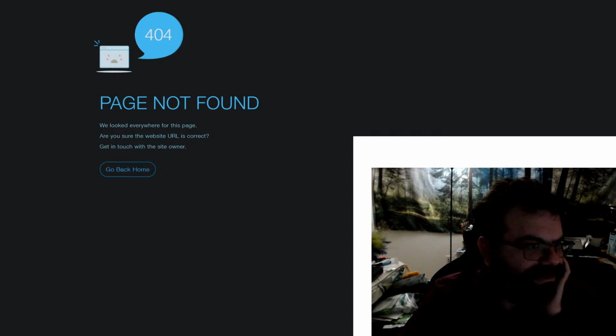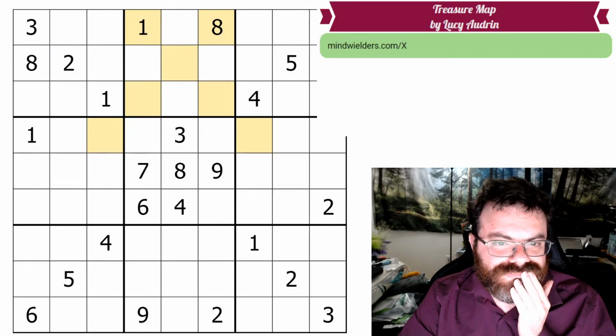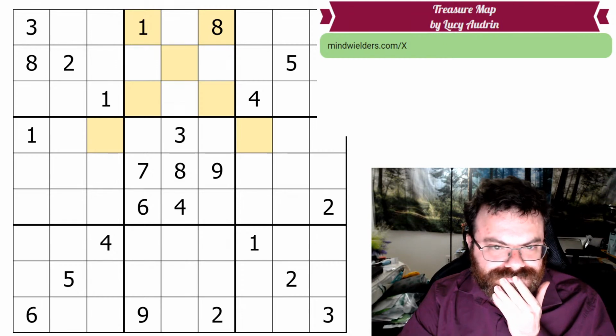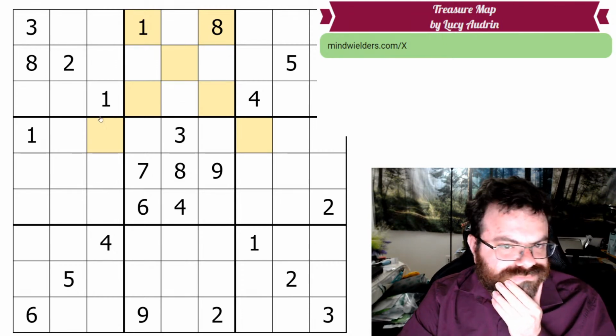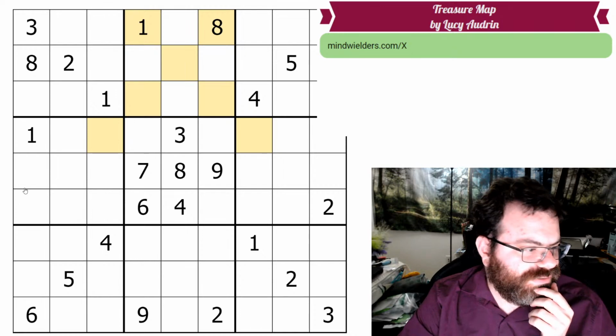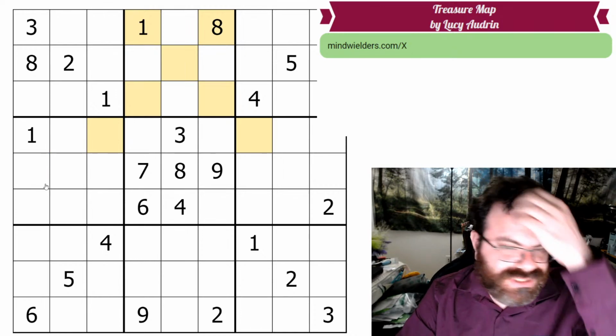The page doesn't load. Oh, the digits go into the URL. I see. So is this just a classic Sudoku then?